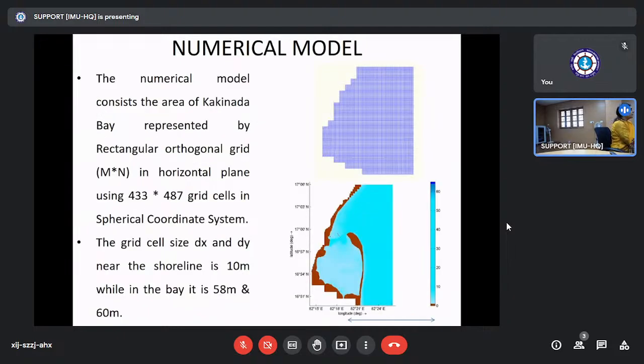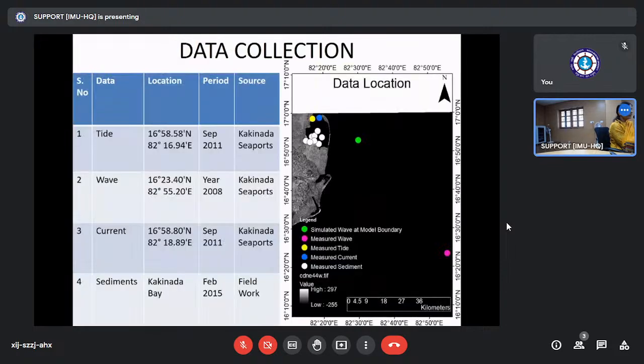So this is the numerical model for Kakinada. It is a rectangular orthogonal grid using a spherical coordinate system, and the grid size near the shoreline changes is 10 meters, while inside the bay it is 58 meters by 60 meters. These are the data which were collected for the calibration and validation of the model.